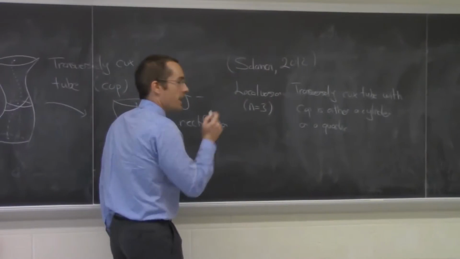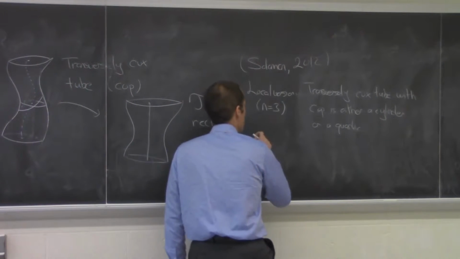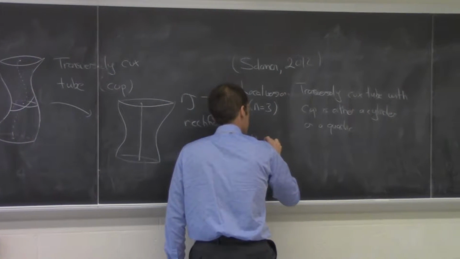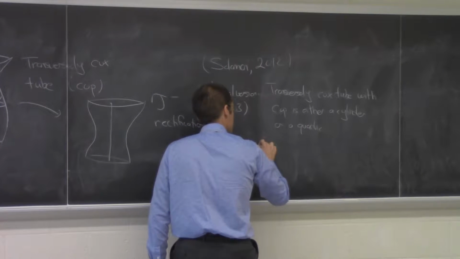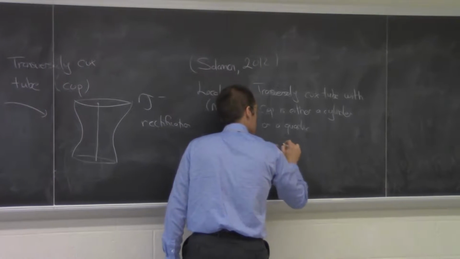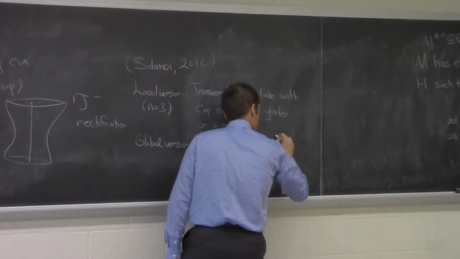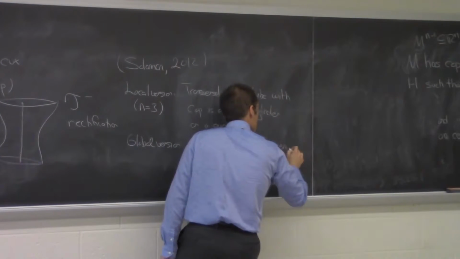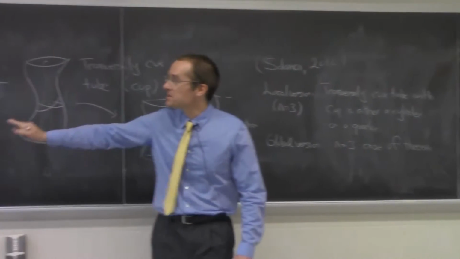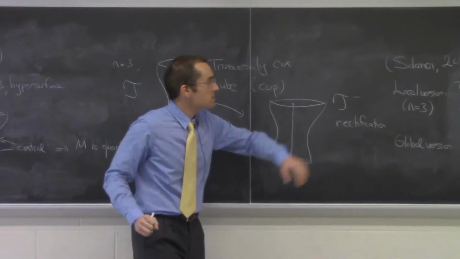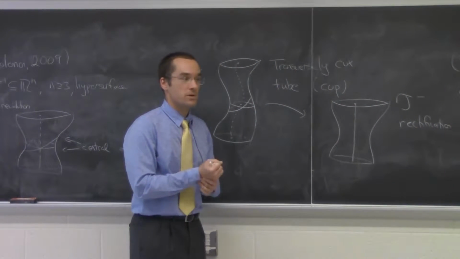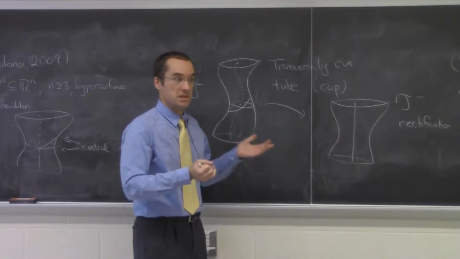Okay, and the global version is exactly the n equals 3 case of the theorem. So basically, this theorem is a generalization of Solomon's 2012 result to all dimensions greater than or equal to 3.